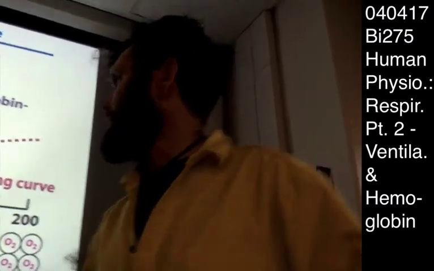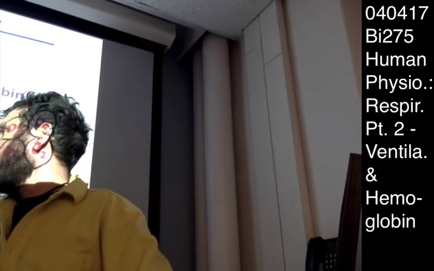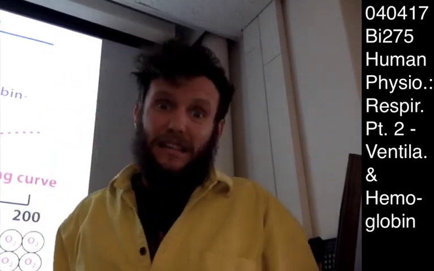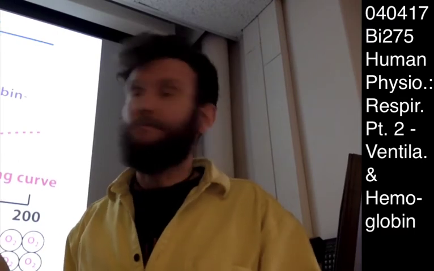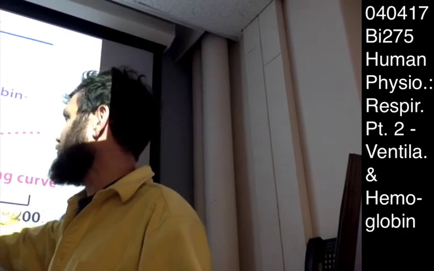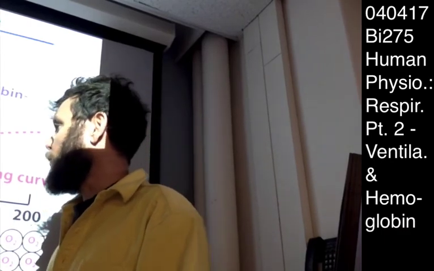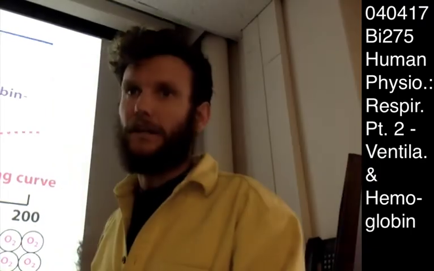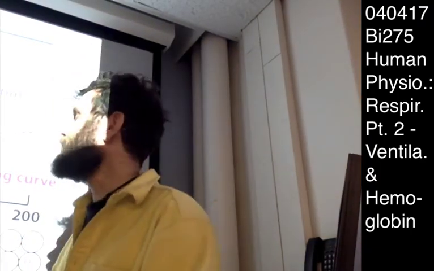So if you had all T state, this would be the way the binding curve looks. Essentially linear for the range of oxygen that we're talking about. I mean, it's not actually explicitly linear, but it looks linear to us because of the scale.